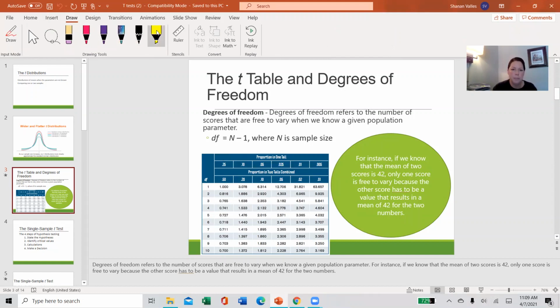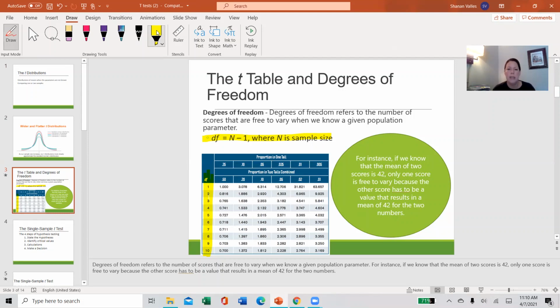Degrees of freedom is this column here. Okay, and this is how we will find the critical values. So you have to look at degrees of freedom. Degrees of freedom for our purposes is n-1. Okay, so whatever your sample size is, subtract 1, and that's your degrees of freedom.